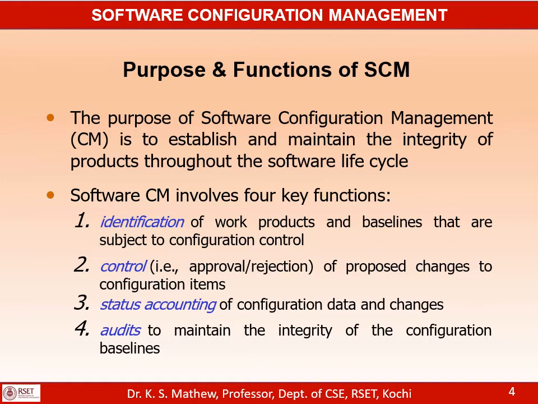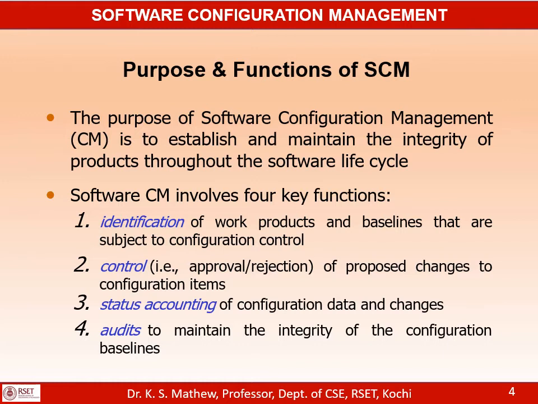Then the second activity is controlling the changes of this work product. Control the approval and rejection of proposed changes to configuration items. So once you identify the work products that are likely to change, they are normally called configuration items. So the second function of configuration management is to control the changes of these work products or configuration items.